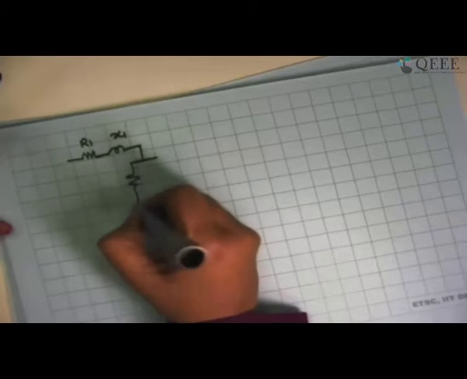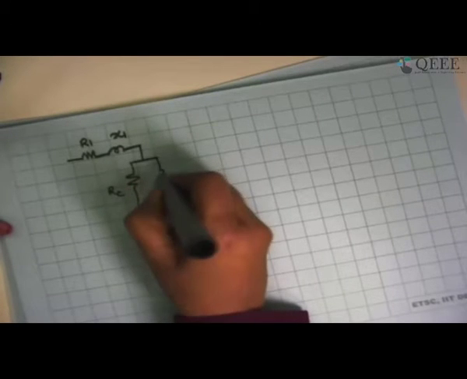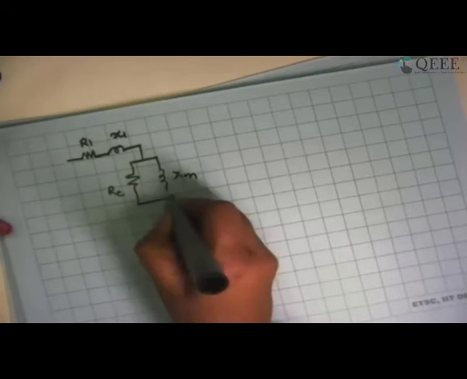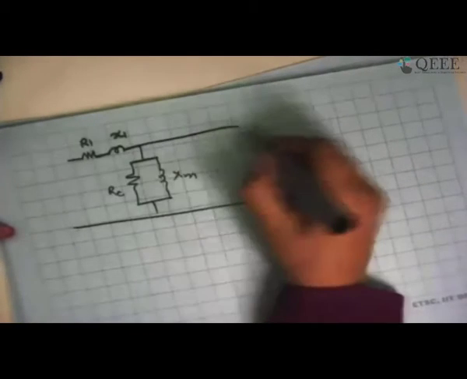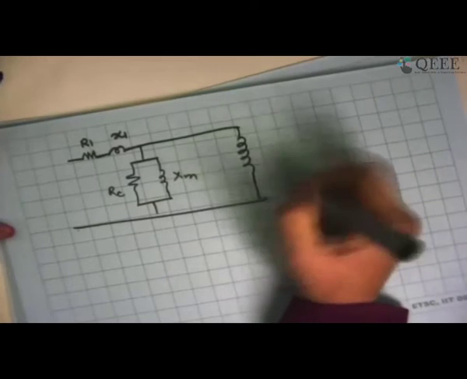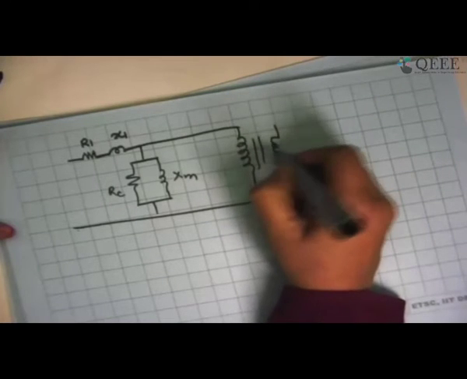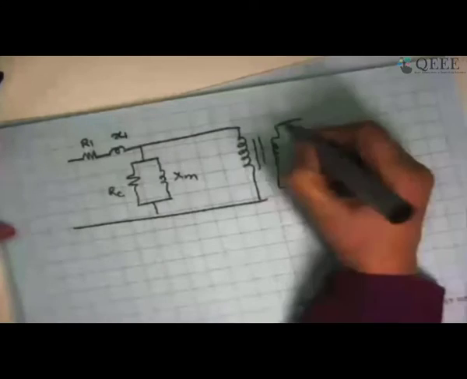Let me just draw the equivalent circuit again. This is R1, this is X1, we had RC, we had XM, we have connected them together. Now here is my primary side winding, ideal winding, and this is the secondary winding, which is also ideal winding.